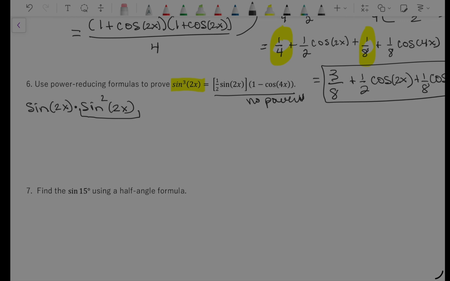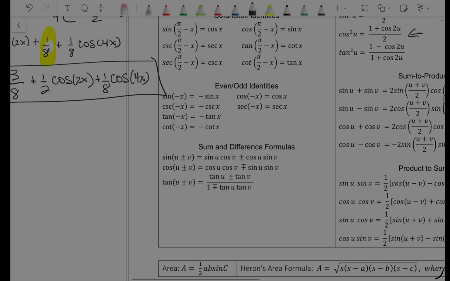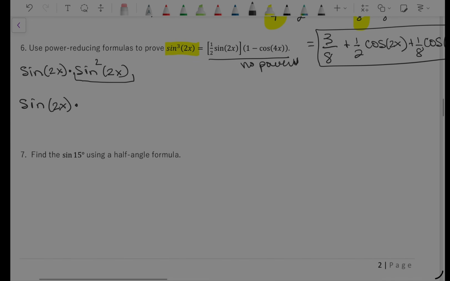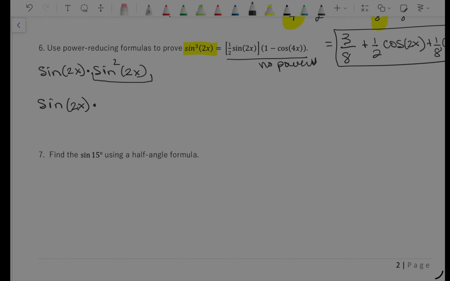So let's do power reducing for the sine squared of 2x. Look at your power reducing formula, and it is 1 minus cosine, but we're going to double the angle, all over 2, like so.